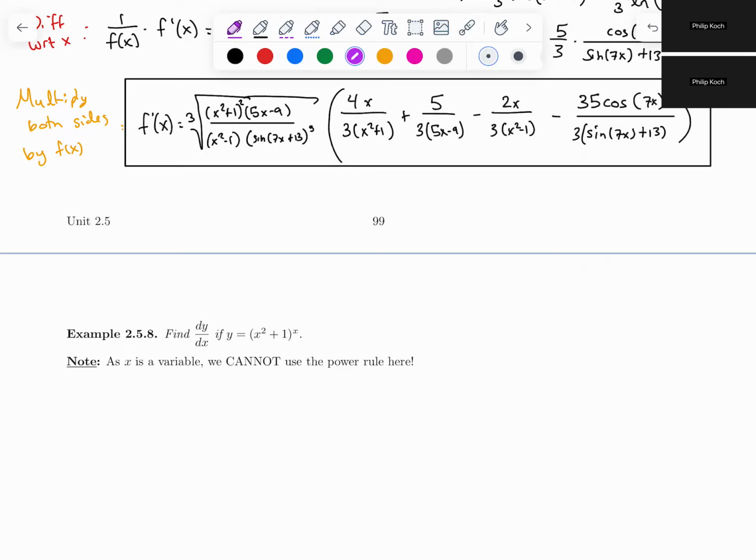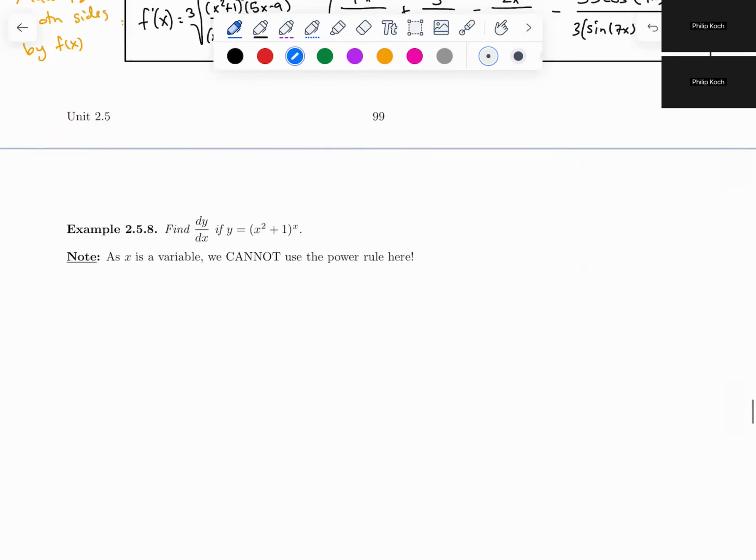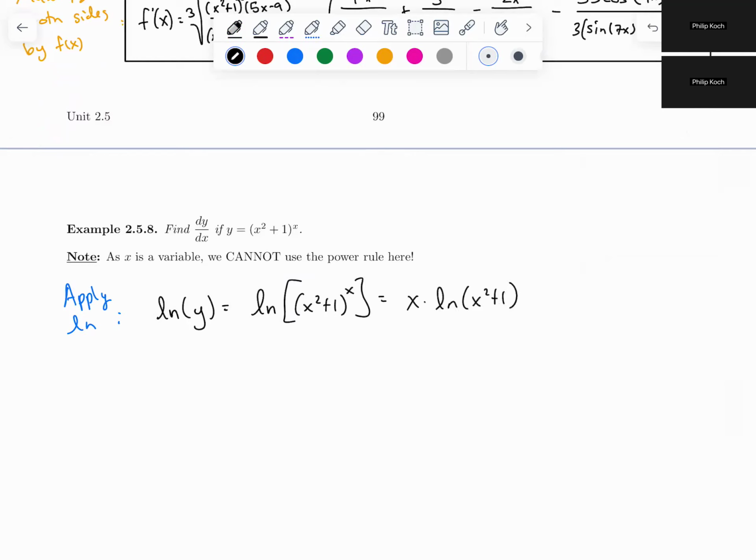So we utilize the logarithm, because logarithms allow us to bring exponents out front. So we're going to apply ln and get that ln of y is equal to ln of x squared plus 1 to the x, which then becomes x times ln of x squared plus 1, by the fact that exponents can be brought up front as multiplication.